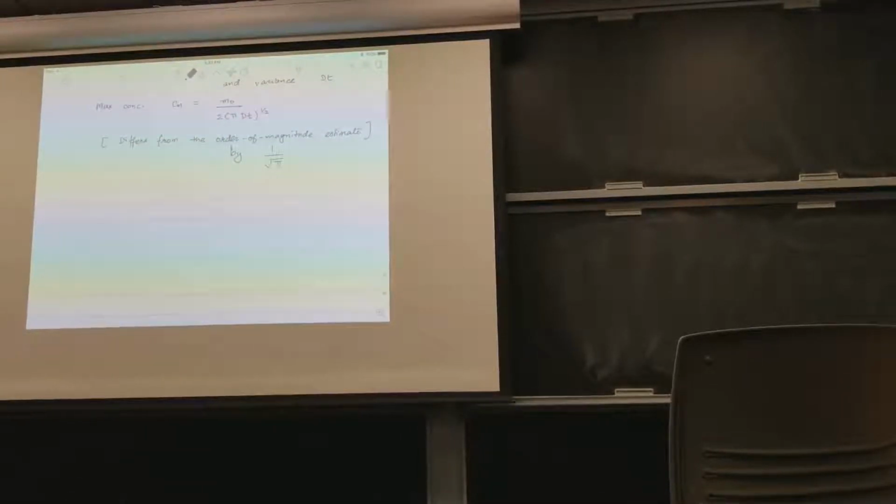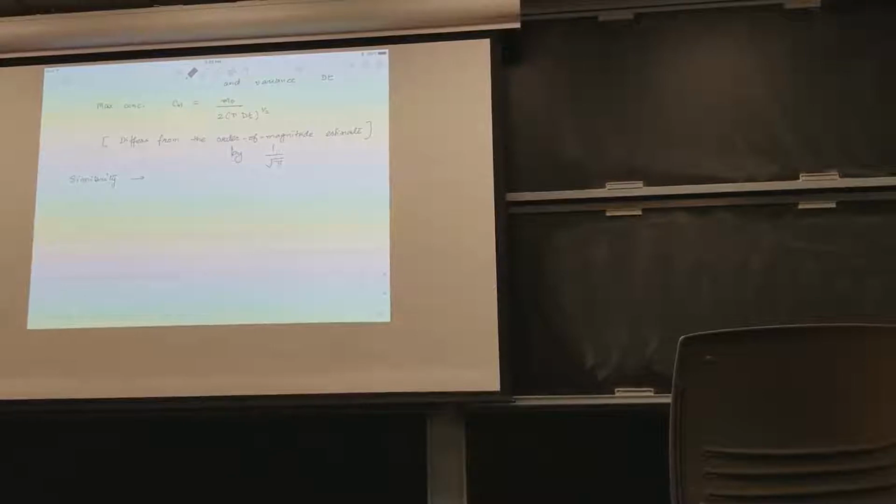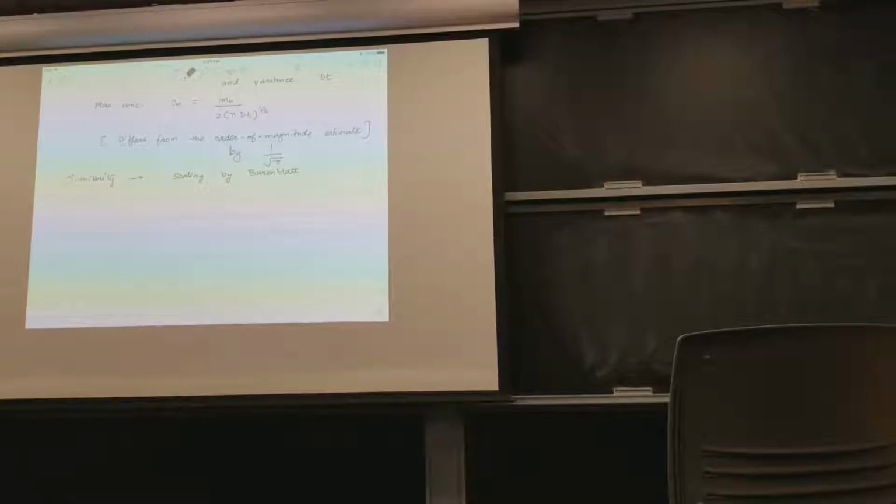So if you are going to work with similarity variables and you're interested in learning more about these, there are two books. There's one called Scaling by Barenblatt, which I have not managed to go through myself. I'm still working through it.